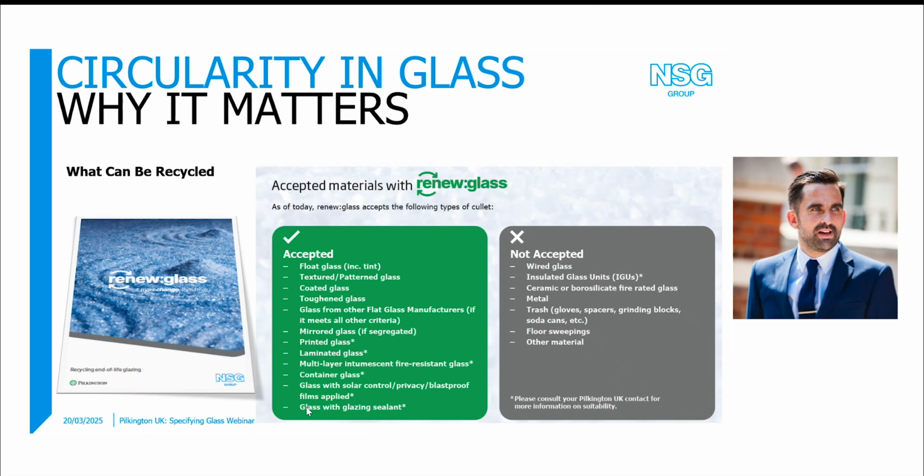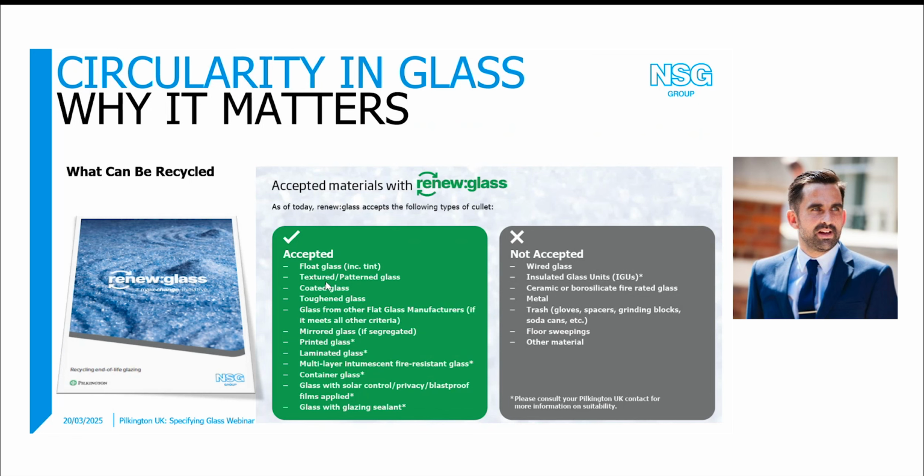So what type of glass can and can't be recycled, I hear you say, because obviously we can't take everything. It's very important to understand what's in situ, but you'd be glad to hear that actually most types of glass can be recycled.